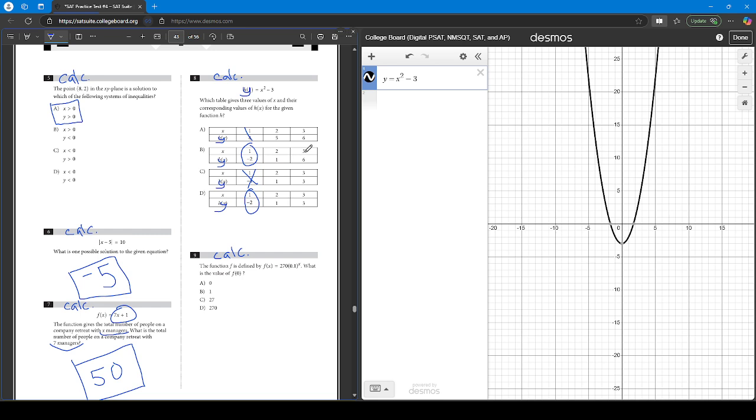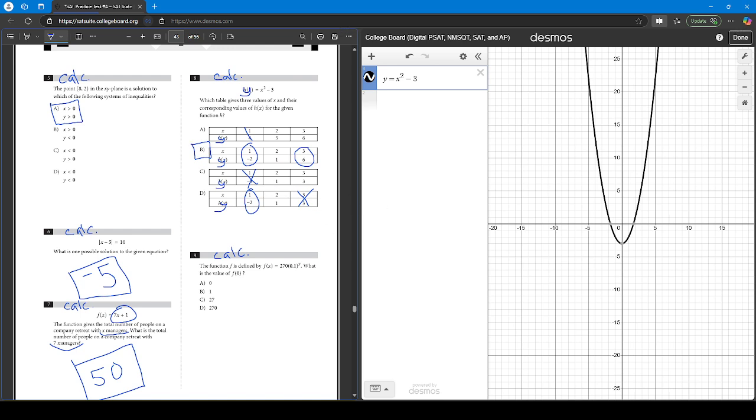So we need to look when x is 3. Here, when x is 3, y is 6, not 3. So we found our answer is B for number 8 by comparing the graph to the points.